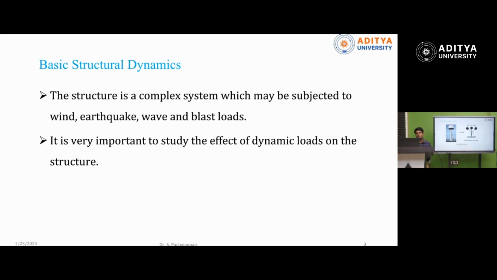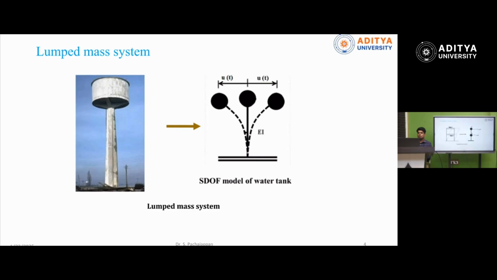Now, if this system, the structure is vibrated during the earthquake, it is considered as a single degree of freedom because the displacement produced in all the directions, when it is swaying, is the same in all the directions. So it is considered as a single degree of freedom. Now we'll see what is multi-degree of freedom. So when we are having a multi-story building, here we can see G plus 1 story idealization of the building.